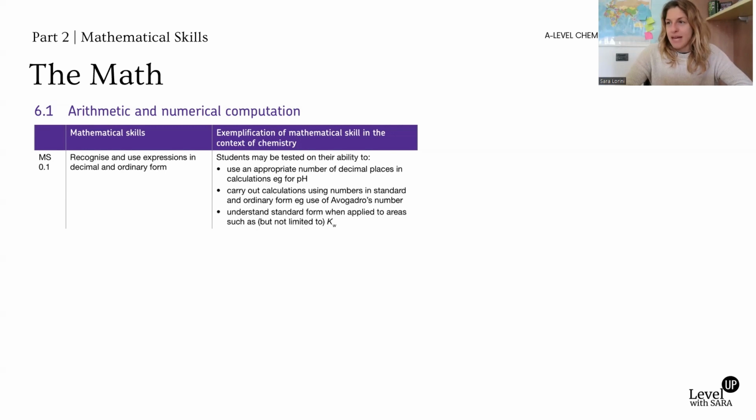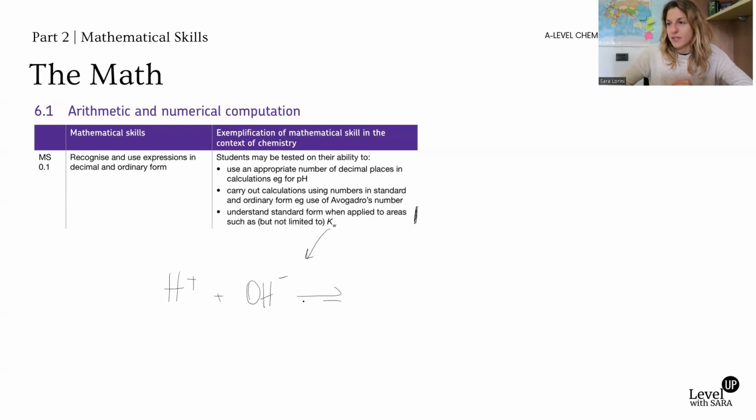Next question. Understand standard form when applied to areas such as but not limited to KW. Okay, so now standard forms are always important because we deal with such big numbers, so when we deal with Ka, KW, because of the dissociation. So here we're talking about KW, let's revise it.